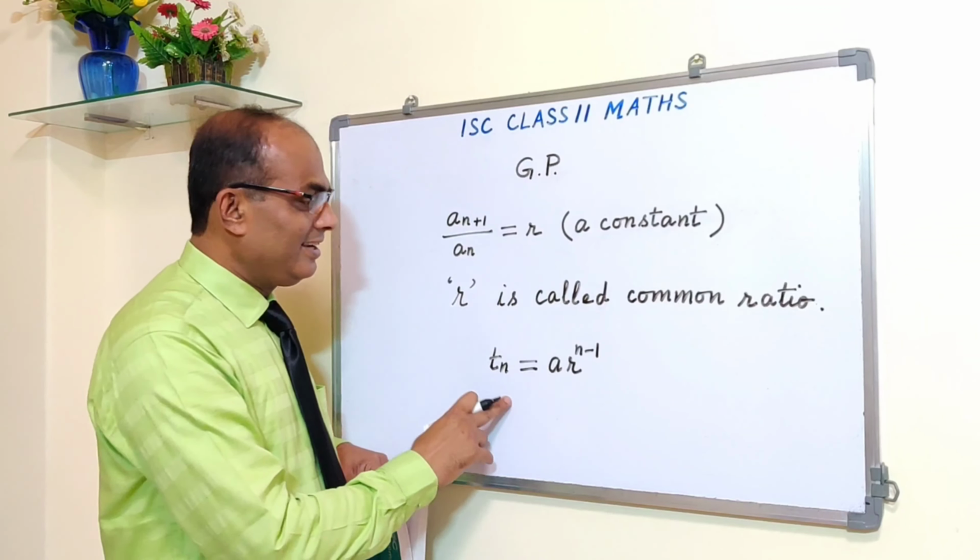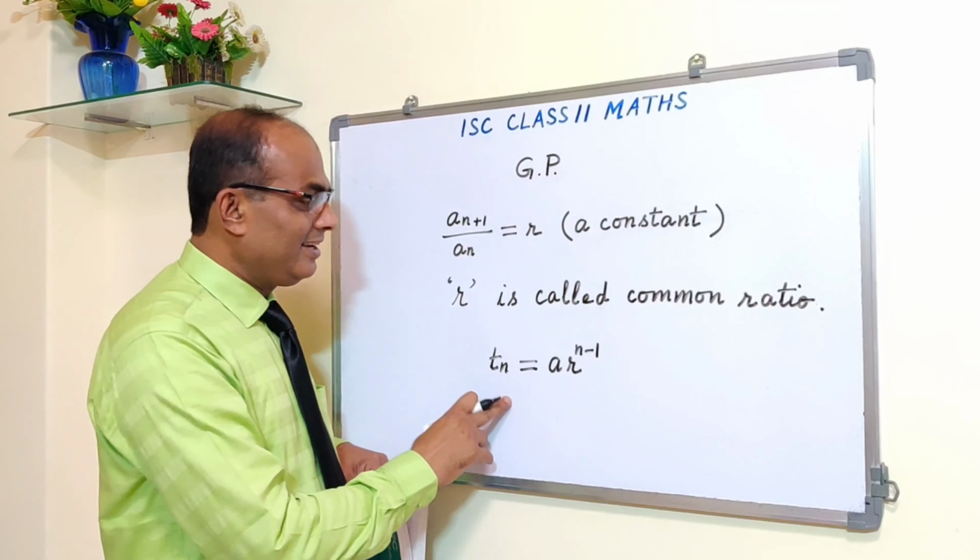Okay, now let's solve a few questions from GP. The first question: 2, 4, 8. This is the GP given.